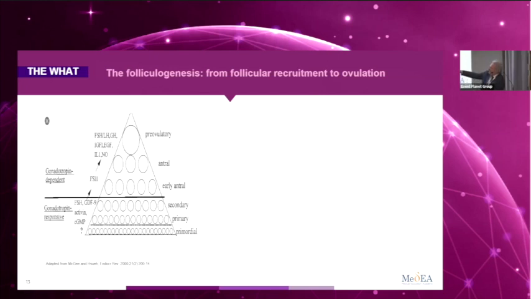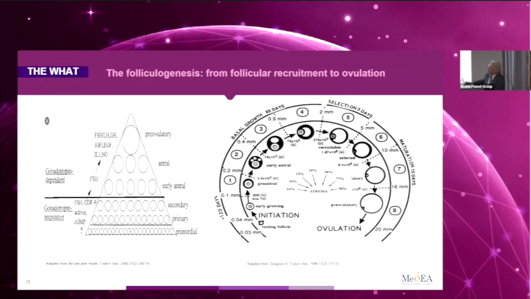So what I would like to show you, this pyramid, is very important. Here we have from primordial to primary, secondary, early antral, different stages of antral follicles. And when you have the so-called initiation, what is initiation? It's a moment where a package of primordial follicles moves to the stage of primary follicles. This initiation is not regulated by gonadotropins.